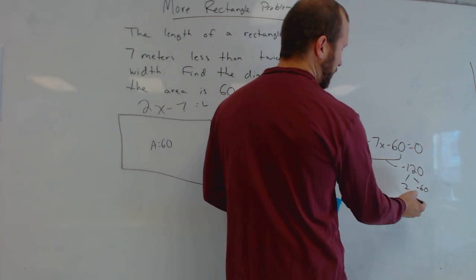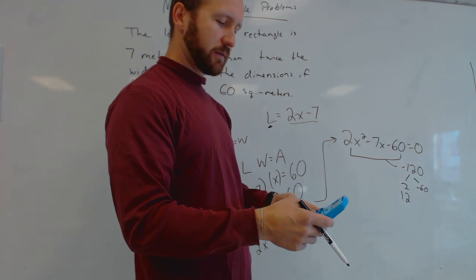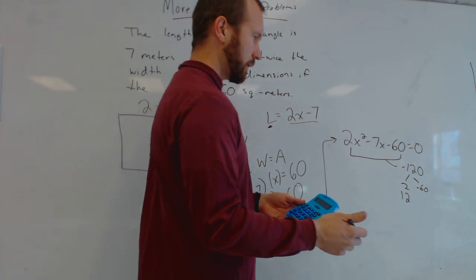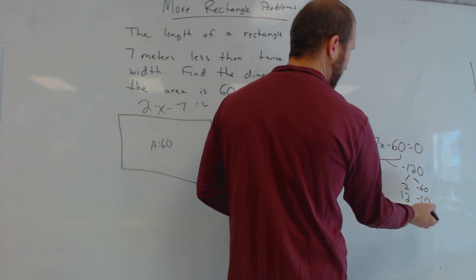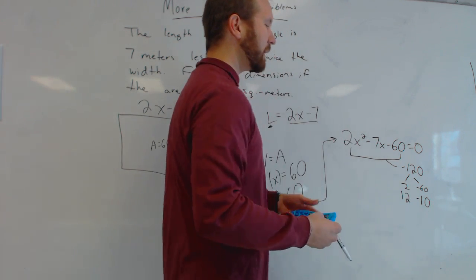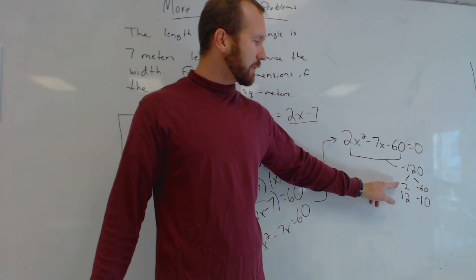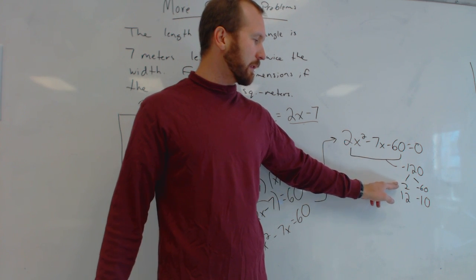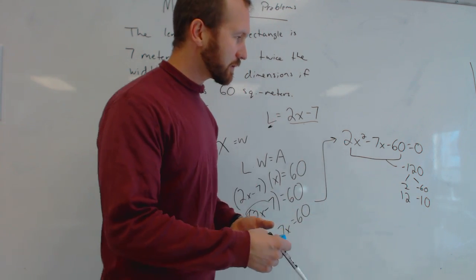I might go, I wonder what 120 divided by 12 is. Well, that's 10. Okay, those are really close together, right? I need them to be 7 apart, basically. So it's going to be something in between the 2 and the 10, or the 2 and the 12. So then I would start trying other numbers.